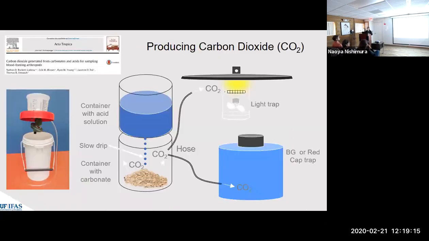We designed a container, and in the top we place the acid solution, and on the bottom the carbonate, and a timer, which is optional, to control the delivery of CO2, and a hose to direct the output of CO2 to different traps. It can be used in the passive trap, light trap, BG trap, and the red cap trap.